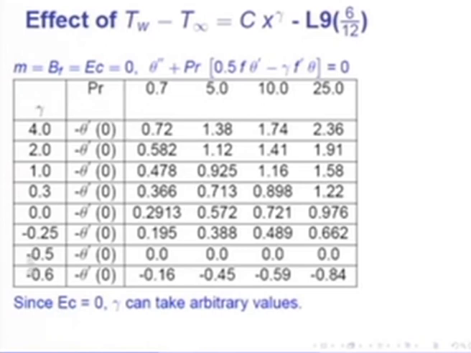Now, I have allowed gamma to take any arbitrary value simply because Ec is equal to 0, and we did say that gamma is restricted to 2m only when Ec is included. We have not included Ec, and therefore, this is a remarkable result that when the wall temperature decreases with x, you could get a situation of adiabatic heat transfer, or in fact even negative heat transfer.